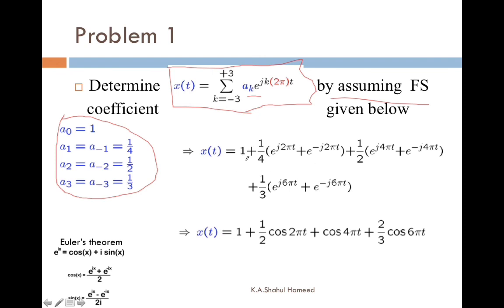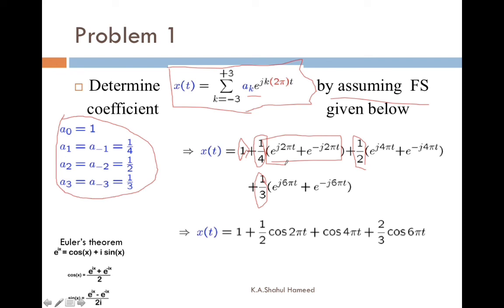Here the DC component, that is a naught, is equal to 1, and a1 and a minus 1 are 1 by 4. It has both the first harmonic, that is e power j 2 pi t and e power minus j 2 pi t. a2 is 1 by 2, a3 is 1 by 3. So we have to combine these harmonically related complex exponentials and make them into cos and sine waveforms.